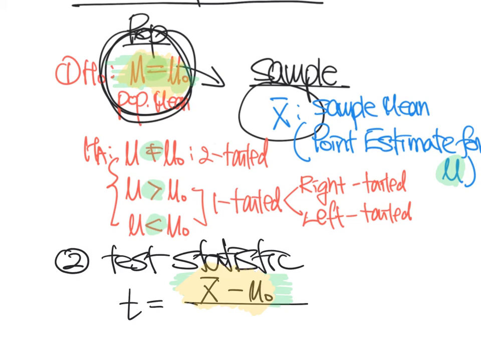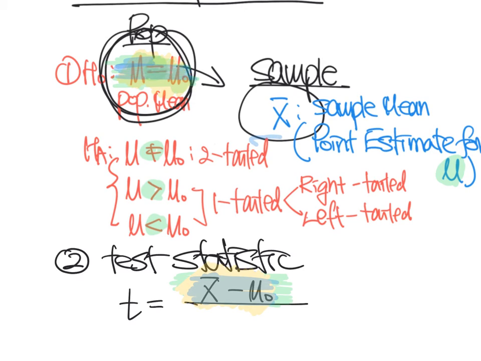Not reject the null statement, because we have to say they are the same. Why? Because even though the x bar is not the mu, the x bar is kind of the representative of the mu. It's a point estimate of the mu. So practically, we compare the x bar and mu0.